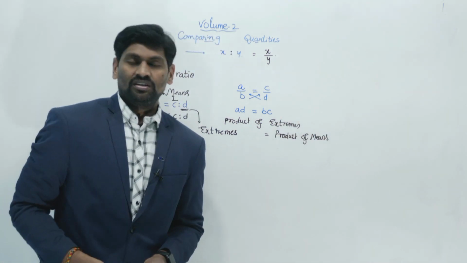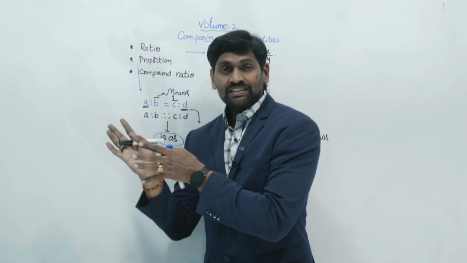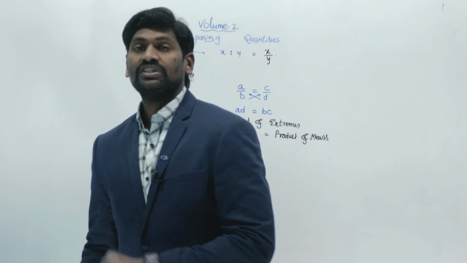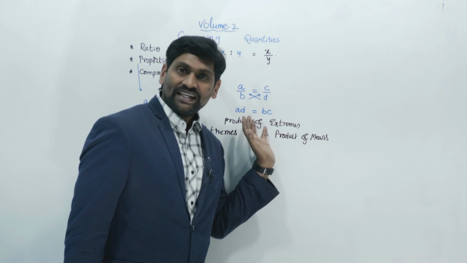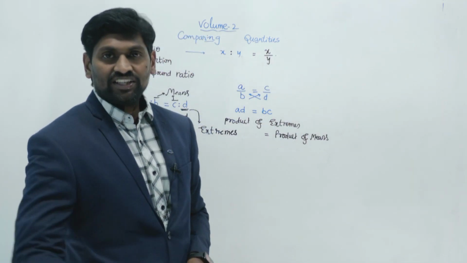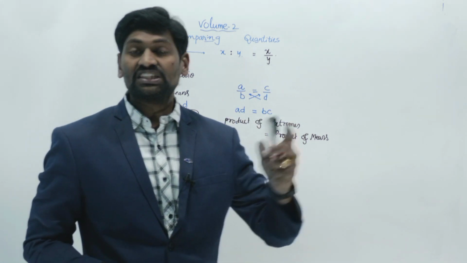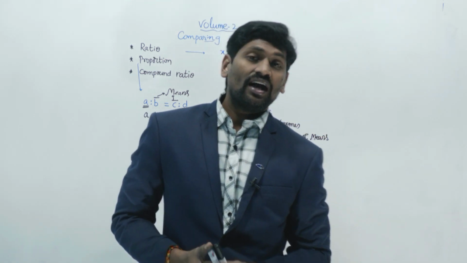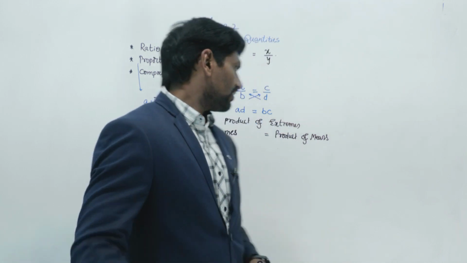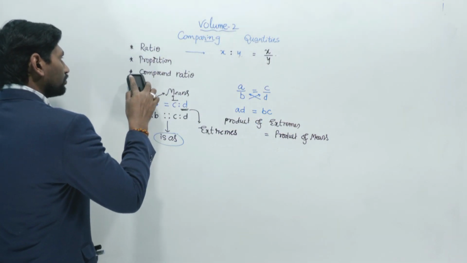So proportion means equality of two ratios, the symbol for proportion is "is as", and the formula is product of extremes equals product of means. Clear? And a ratio must always be in simplest form. The first term of a ratio is called antecedent and the second term is called consequent. Clear? Very good.